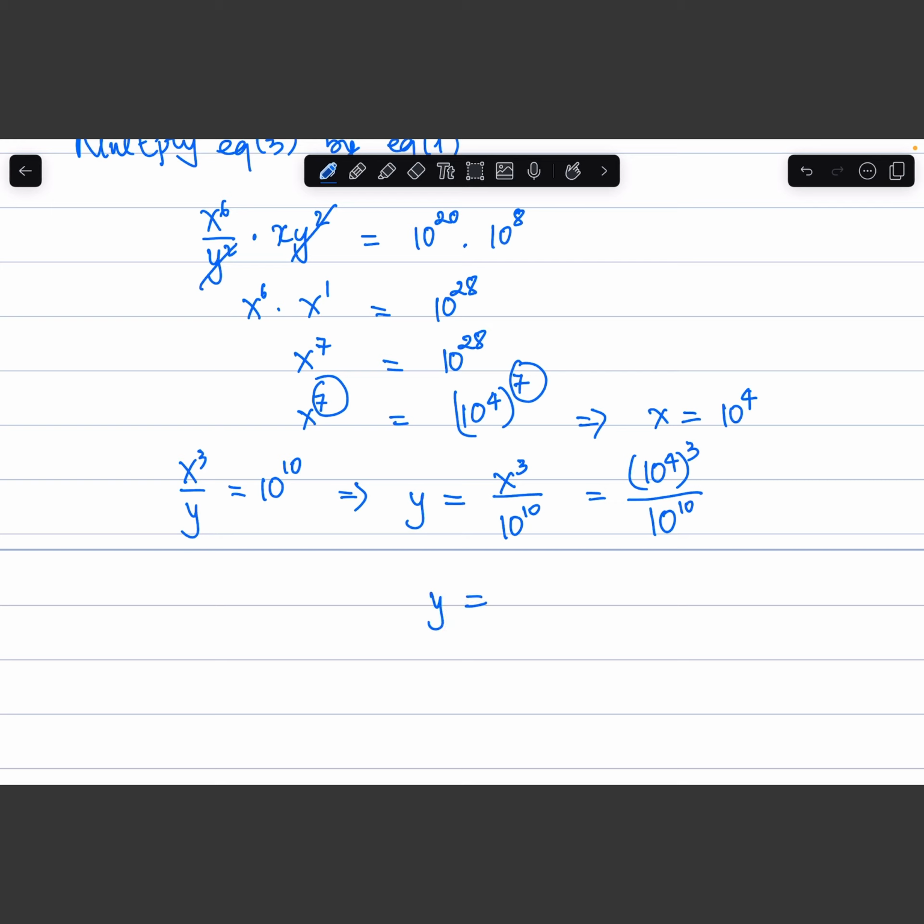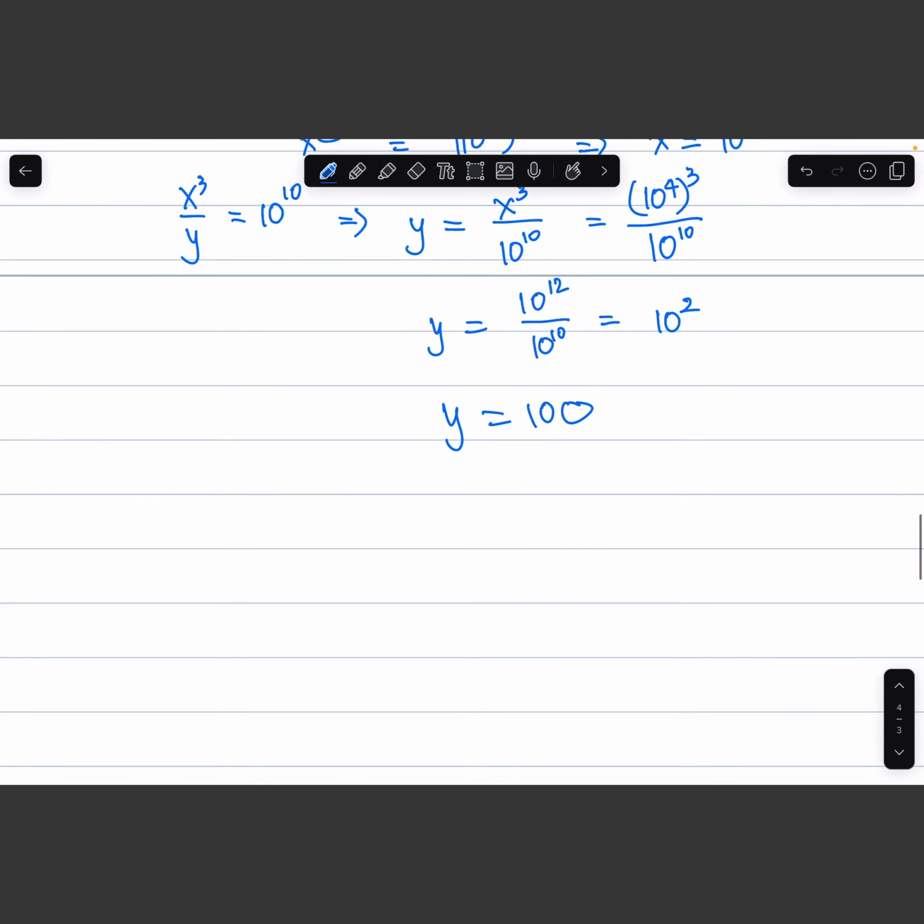So y is equal to 10 to the power 4 times 3, which is 12, over 10 to the power 10, which is 10 squared. y is equal to 100.